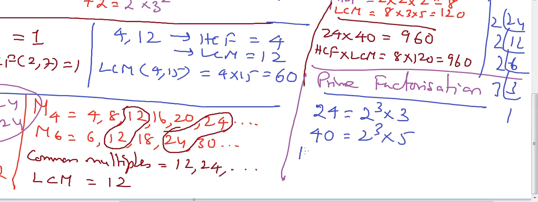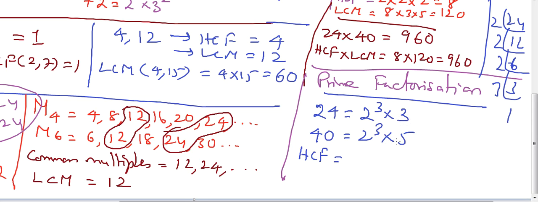Now, to find the HCF, what are the common prime factors here? Sorry, the common prime factor is only 2. 3 is a prime factor of 24 but not of 40.